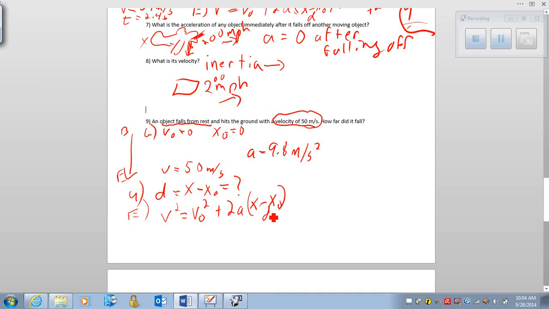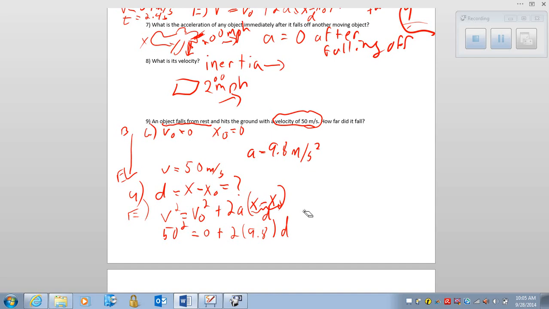And this, of course, is our distance. Substituting in, that says that 50 squared is equal to 0 plus 2 times 9.8 times our distance. So we're going to square 50 and then we're going to divide by 2 times 9.8 to get the answer.